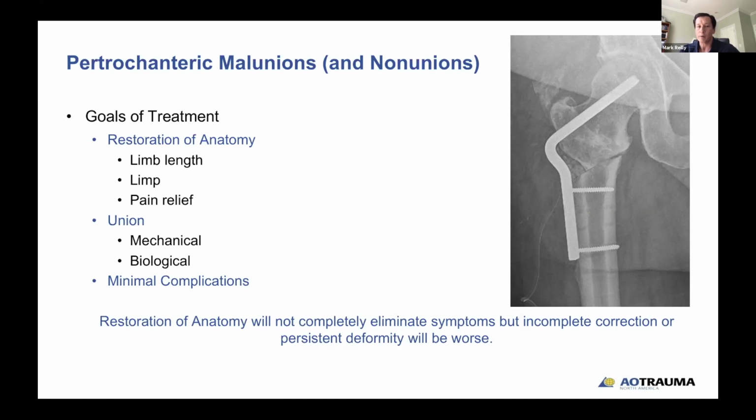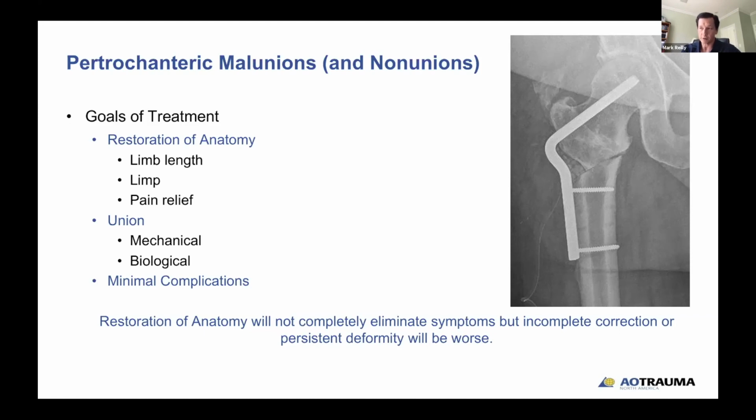We hope, we believe that restoring the patient's anatomy will result in relief of pain. Obviously, if there's a non-union, we want that to unite, and we certainly want our osteotomy to unite. And in fact, the osteotomy through the intertrochanteric area can help with union from both a mechanical and a biological sense.